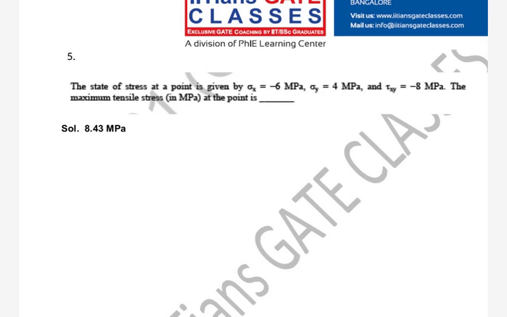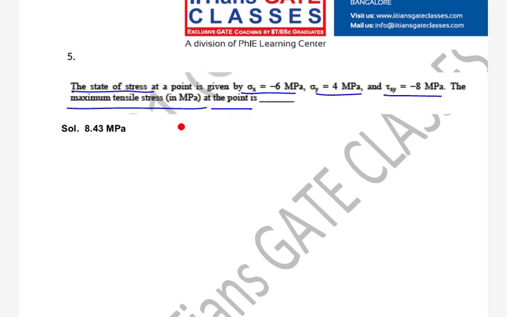What is there? The state of stress at a point is given by sigma x, sigma y, tau xy. The maximum tensile stress at the point is. Now guys, tell me, what is the maximum tensile stress? It's a normal stress, right? So it is one of the principal stresses. Now find out the principal stresses and tell me what is the maximum tensile stress. So there are two methods, right?